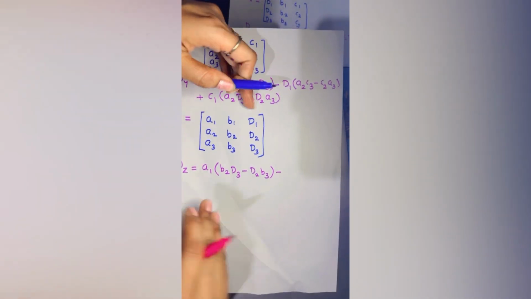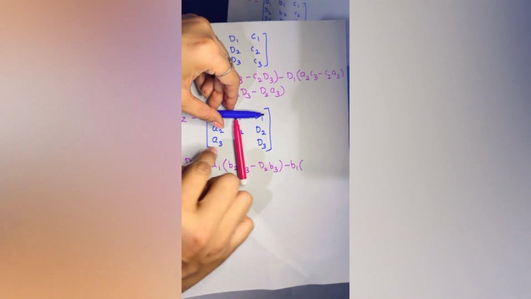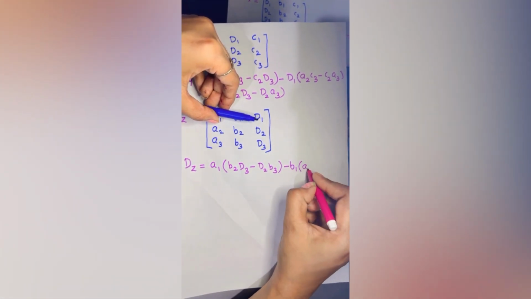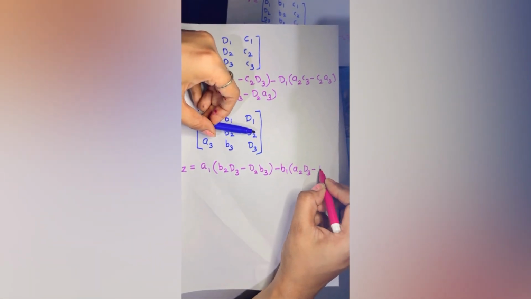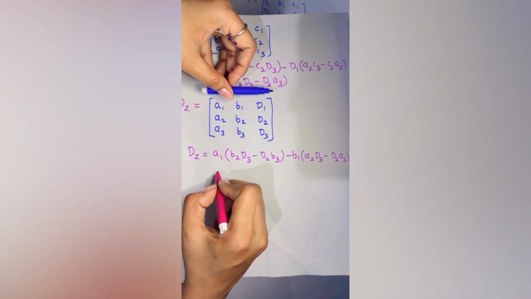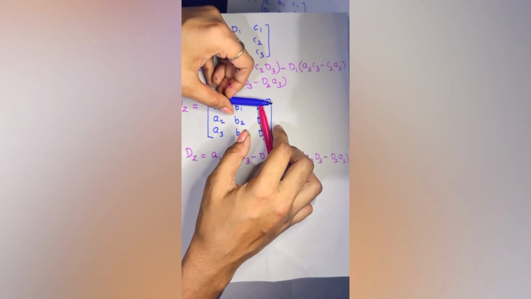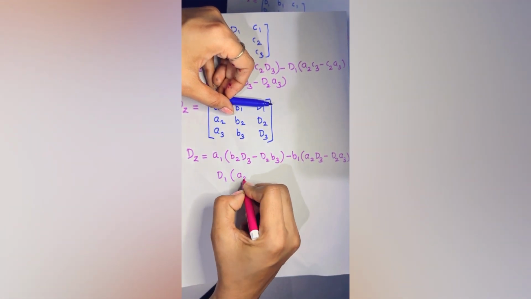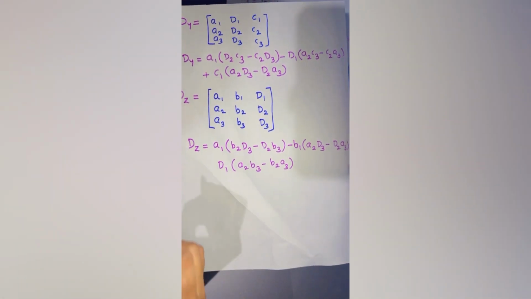Then second, d1 into a2 d3 minus d2 a3. Then last is c1 times a2 b3 minus b2 a3. You got dz.